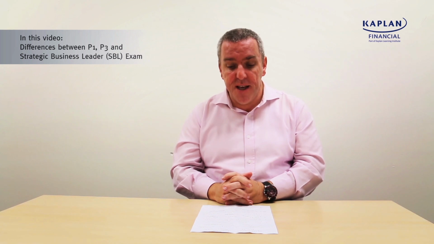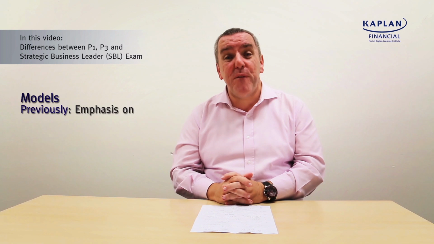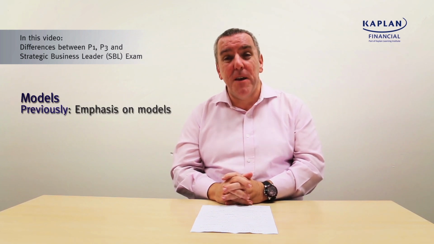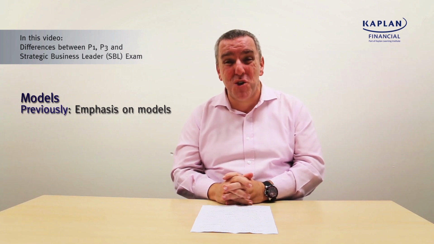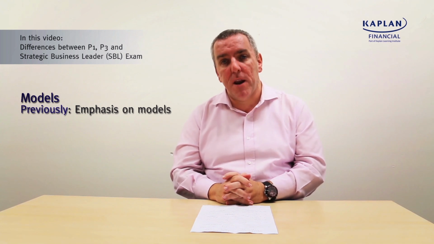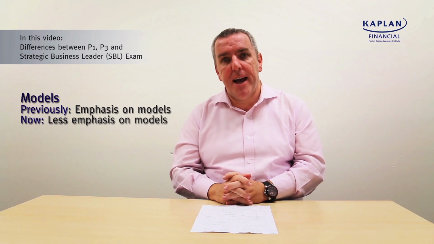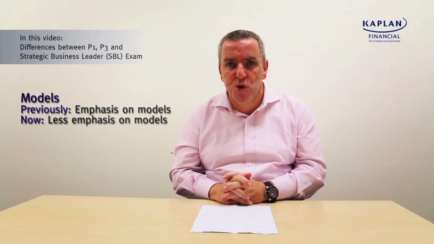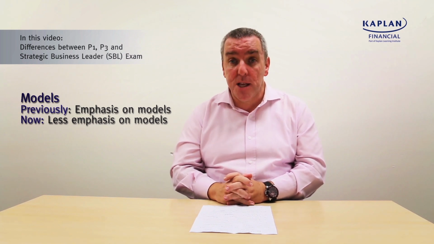The second difference is the models. In P1 and P3, there's a big emphasis on models like the ethical theories, Porter's 5 forces, the BCG matrix, the value chain. These are all big factors in the P1 and P3 exam. They have been de-emphasized in the SBL paper, so you're no longer going to get big questions like, using the value chain, please answer this question, or using BCG, please answer this question.